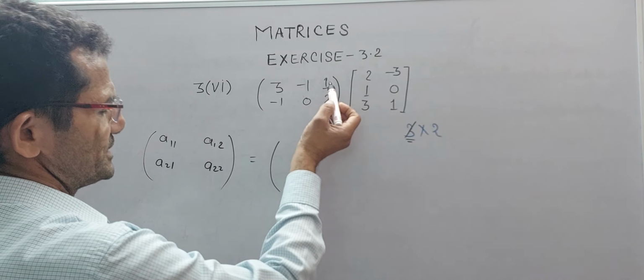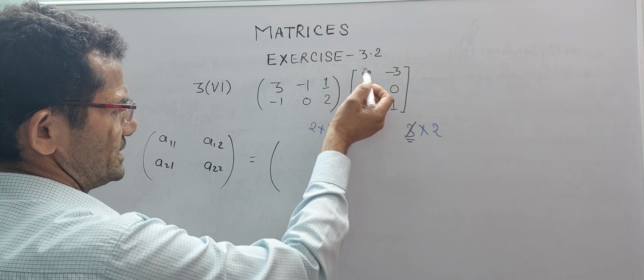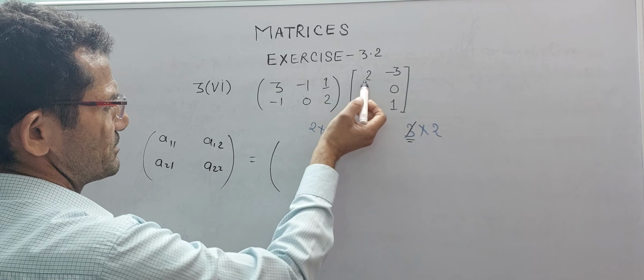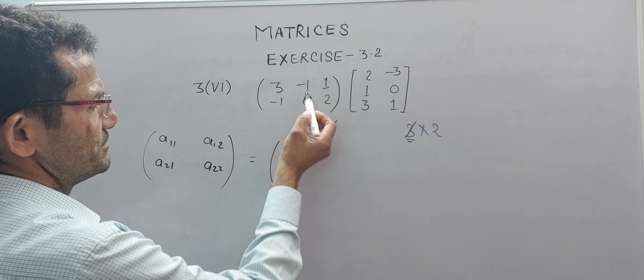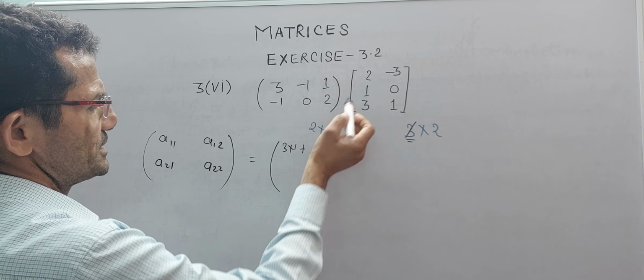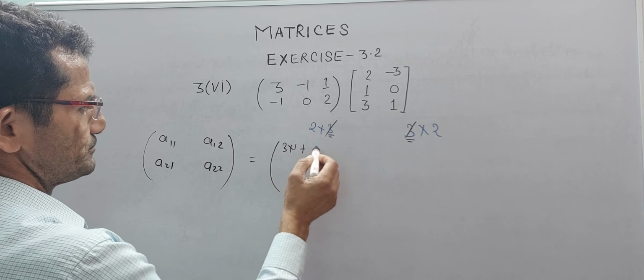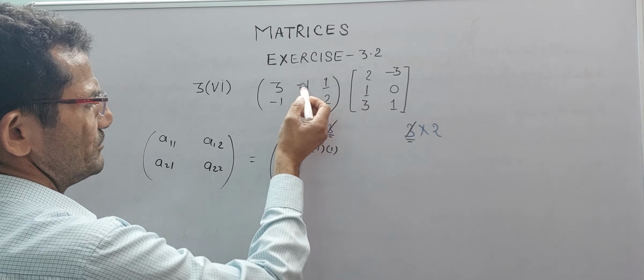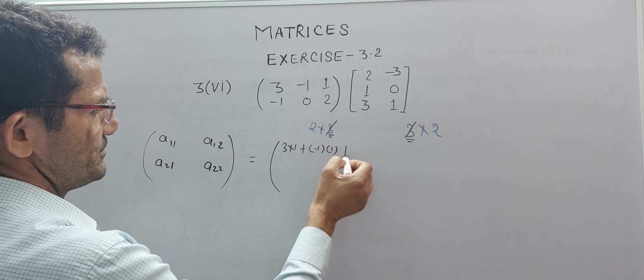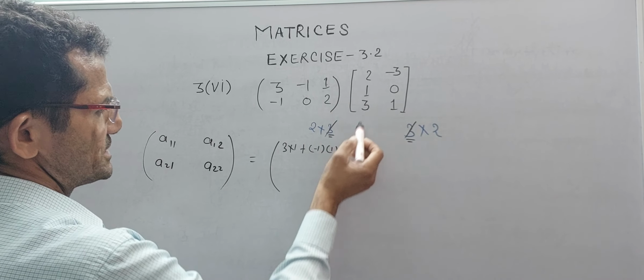Now we have to calculate the first row and first column. Take the first row of the first matrix and the first column of the second one. So 3 multiplied by 2 plus minus 1 multiplied by 1 plus 1 multiplied by 3.